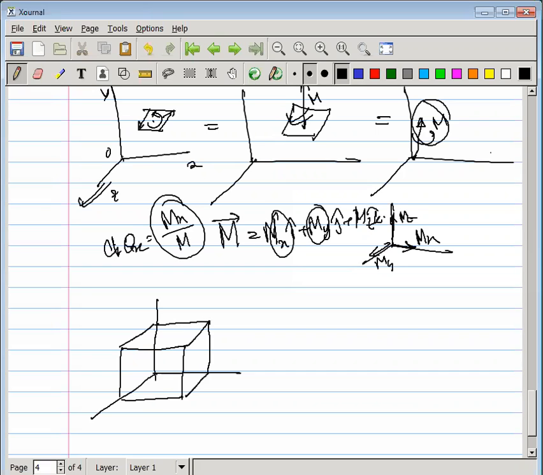Suppose one force is acted here and another force is acted in this direction. Suppose two forces are acted, and for example, same in magnitude. Consider the magnitudes are same. One is along the x direction, one is along the y direction, and this is a cube. Take this distance as a unit, 1 meter.